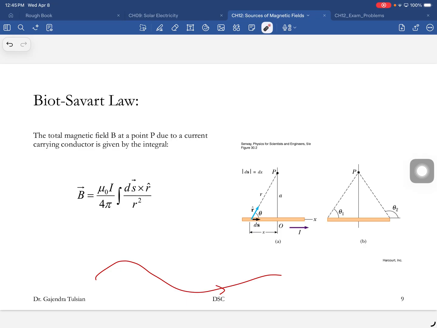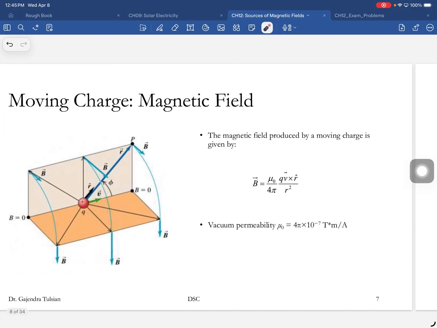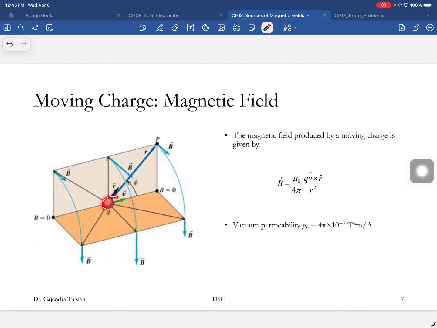So what is this chapter about? We are studying how moving charges produce magnetic fields. Again, if the particle were not charged, if Q were 0, it wouldn't produce a magnetic field. If V were 0, B would be 0. So it is a moving charge that is producing a magnetic field.